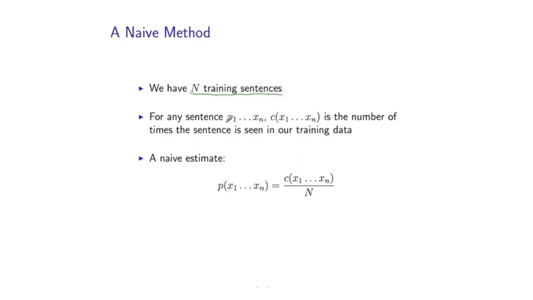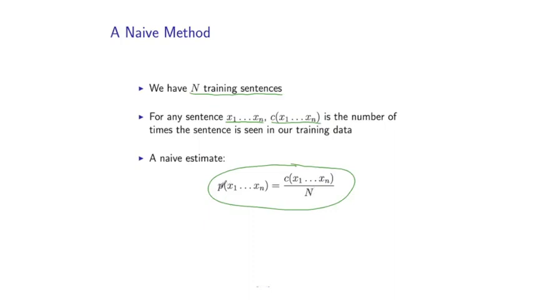For any sentence x1 up to xn, I'll define c(x1 ... xn) to be the number of times that sentence is seen in our training sample. A very simple estimate is then the following, where we define p to be simply c over n. So we simply count the number of times the sentence has been seen and divide by the total number of sentences seen in our training corpus. And this is a language model.